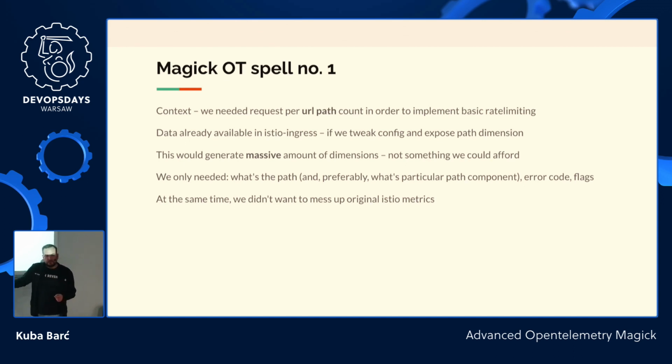And at the same time, we wanted our original Istio metric back, because if you put another dimension in Istio, Istio will be happy to generate you a ton of metrics, but I wanted the original metric back because I had it in my dashboard, and I actually calculated SLOs for my teams using that.